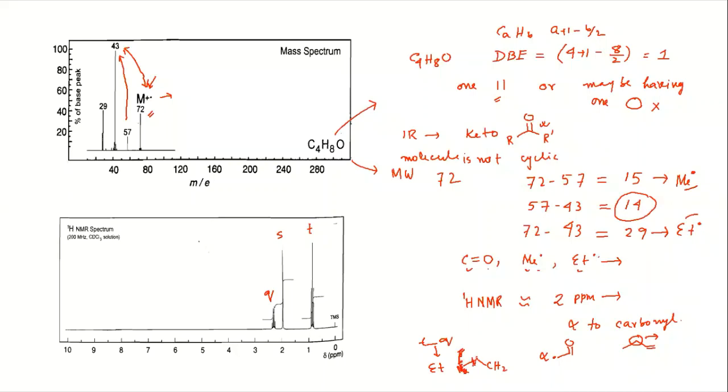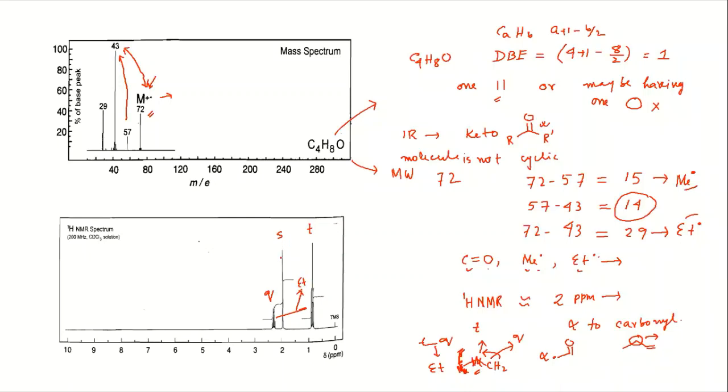This is methyl, CH3. The nearby carbon has 2 protons, so these 2 protons make the methyl a triplet. And for CH2, you have 3 protons on the nearby methyl carbon, so 3 plus 1 gives a quartet. So this triplet and quartet tell you that these 2 are from ethyl.